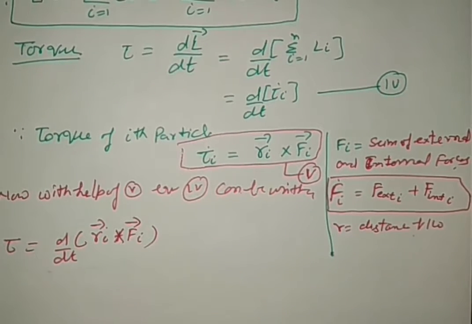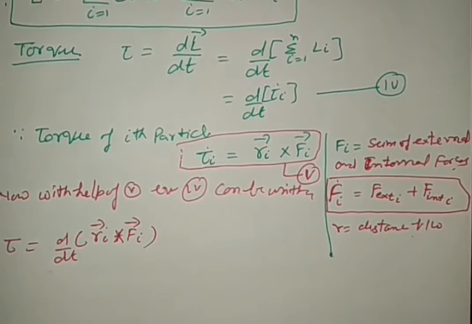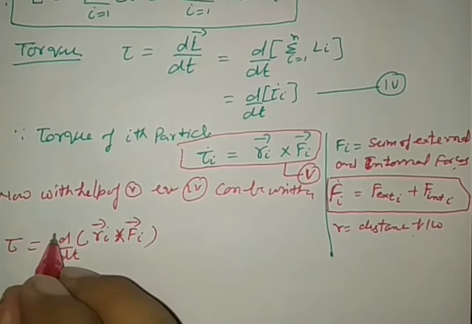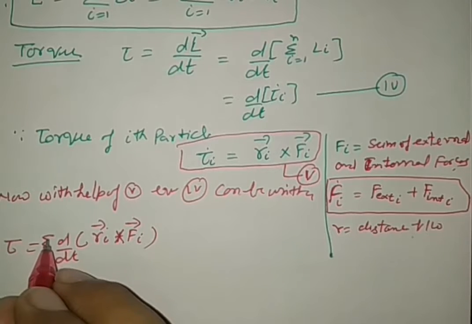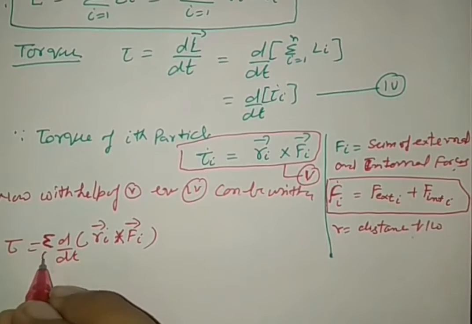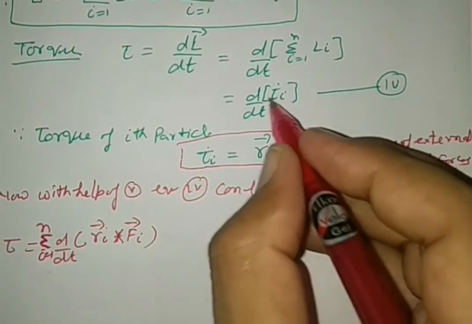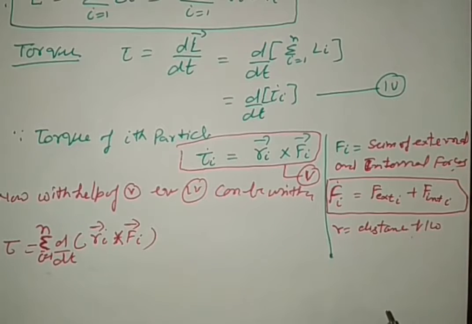See very carefully here. Now tau i is equal to summation i equal to 1 to n, and here also tau i is the rate of change.